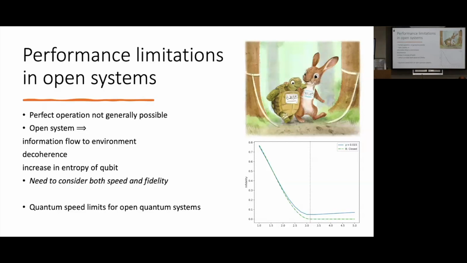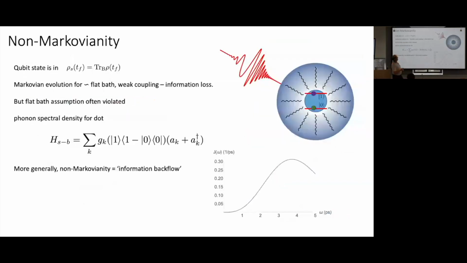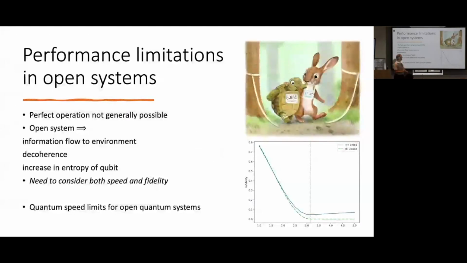As you go to longer and longer times, though, you're starting to get more and more decoherence, the state's going away. And so actually, in that case, you want to work as fast as you can. So it seems like the hare is going to win and the tortoise and the hare story is not relevant. But hang on, this statement that information flows into the environment and doesn't come back is one of the notions of Markovianity.